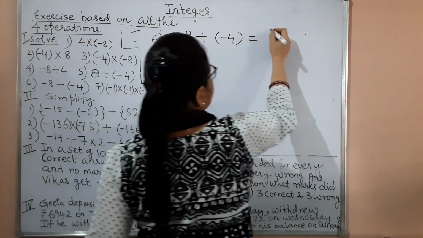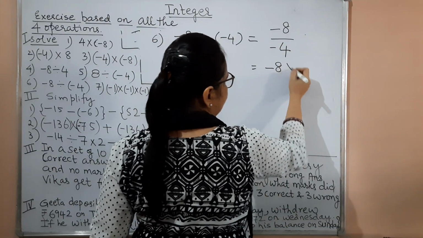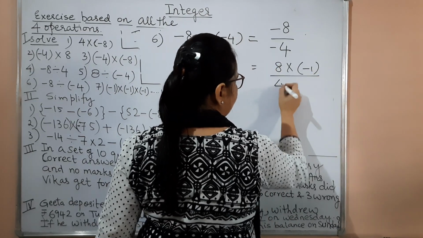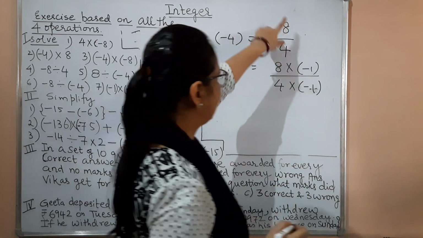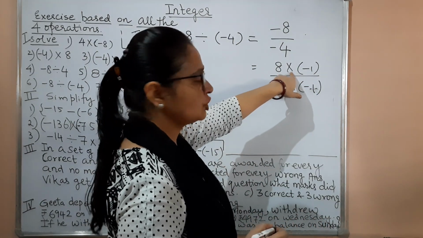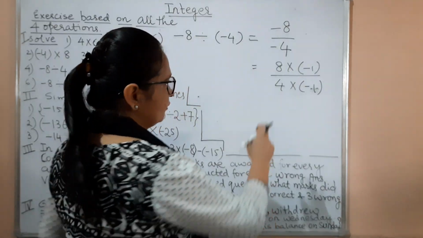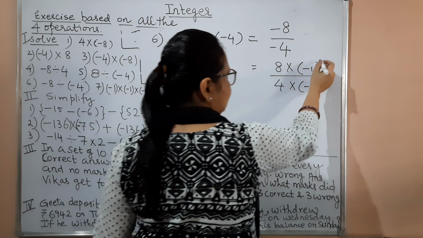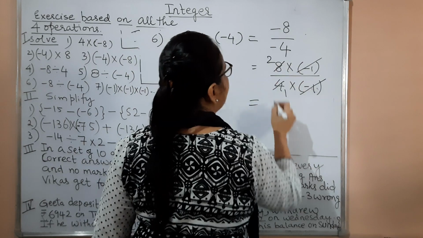Everyone knows minus 8 can be written as 8 into minus 1, and in the same way, 4 into minus 1. We just studied multiplication of two numbers: 8 ones are 8, and the negative sign, because of 1 negative, gives minus 8. And 4 ones are 4, with one negative sign. So we can write it like this, and this will get cancelled. The answer will be 4 twos are 8, so the answer is 2.